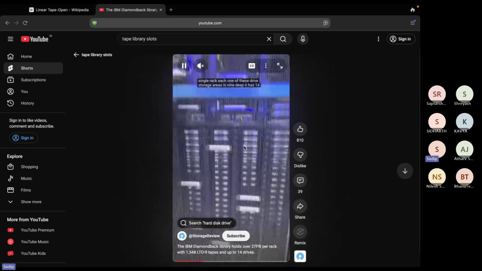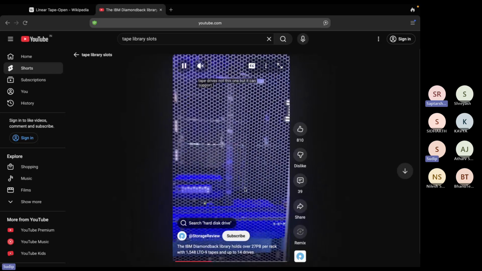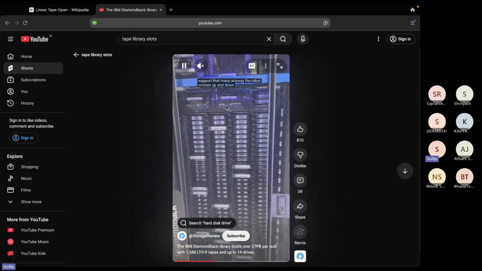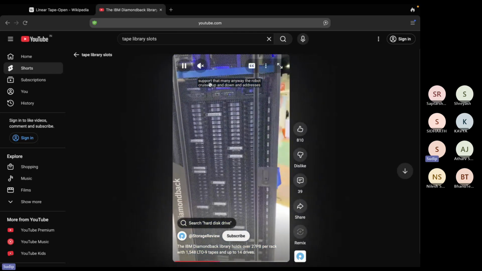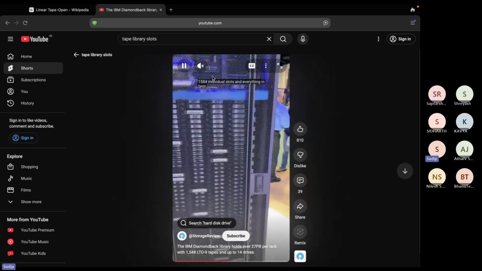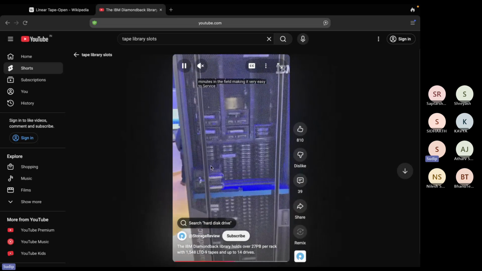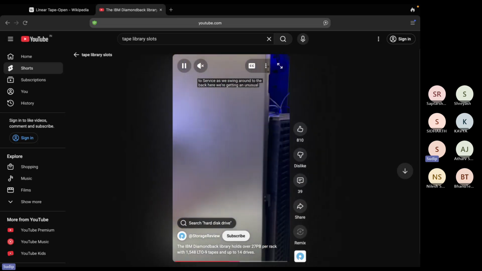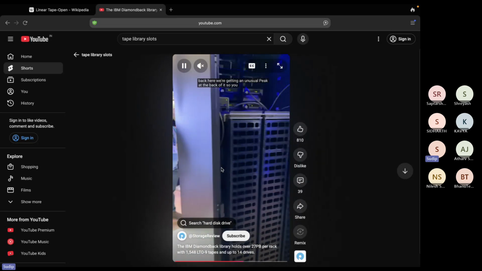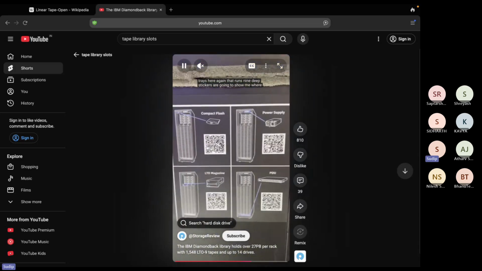That thing that is moving up and down, this robotic arm, gets the instructions from the controller. It has a catalog, it knows where it has stored which tape media with which barcode, and it will go and pick it up from there. It will get an instruction on which tape drive to load it into, and it will do that.